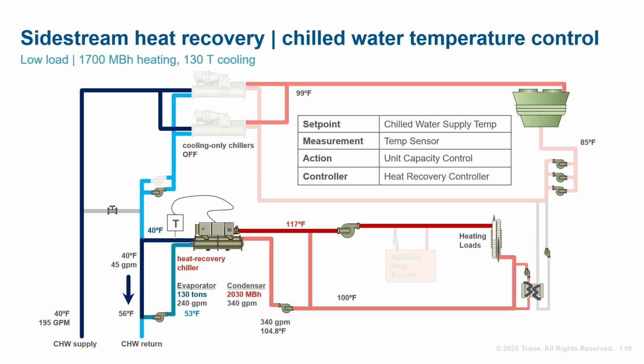However, the condenser leaving temperature increases, and there's 330 MBH of additional heat to reject. The heat exchanger loop is engaged to reject this excess heat along with the cooling tower and its pumps. Control of the heat rejected is based on the return temperature into the heat recovery unit's condenser.